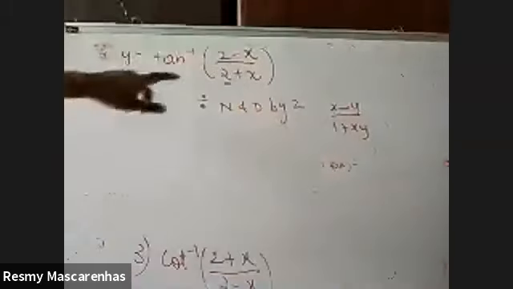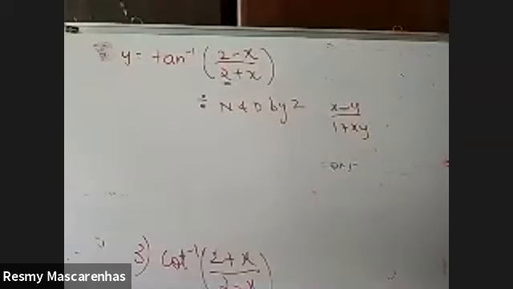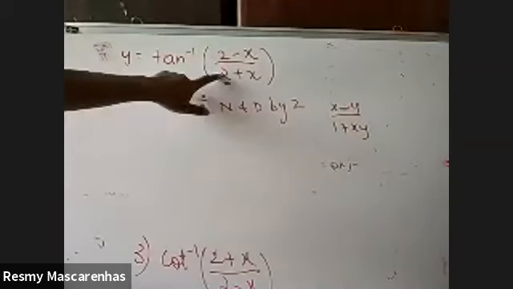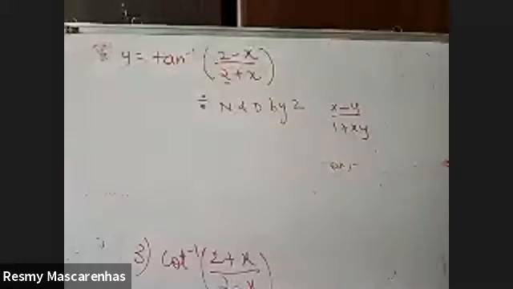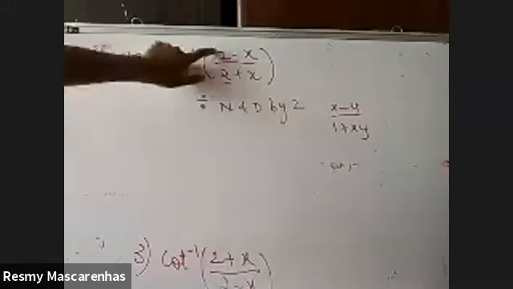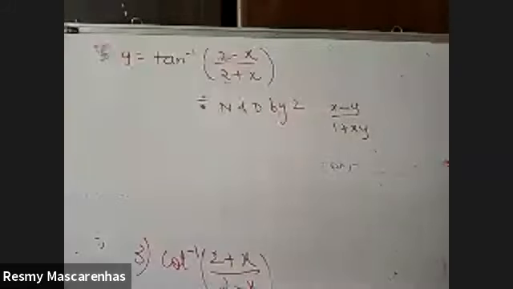Why is it? Because if you see in the previous two problems, there was 1 automatically over here. But now in this case, there is no 1. So just divide it by 2, so that it becomes 1. Not this, so don't worry. For this number first, because I want this term as 1. So when you divide, all the terms will get divided by 2.